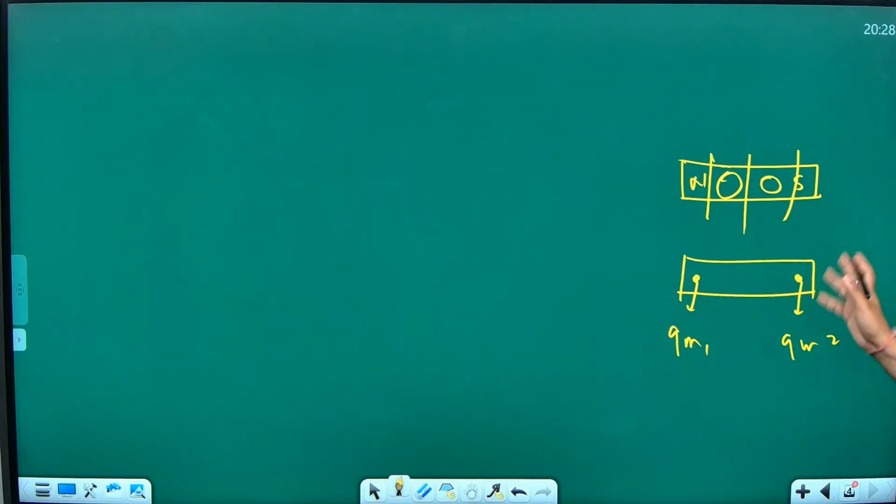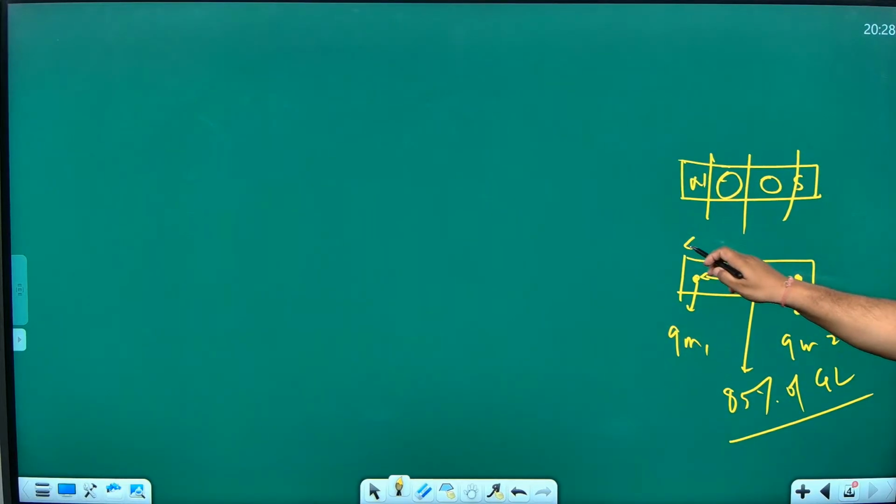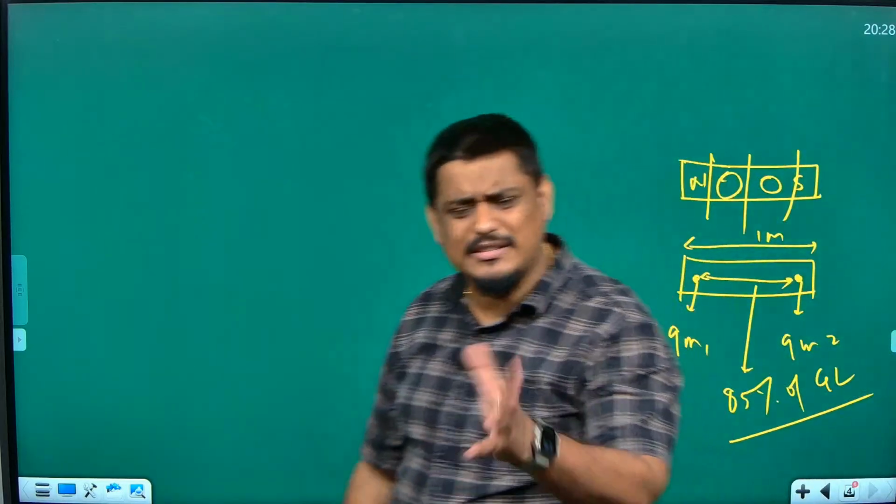For a bar magnet it has equal and opposite poles, and this length is called the magnetic length. So, magnetic length is the exact distance between two poles, which is approximately 85% of the geometrical length. Suppose the geometrical length is 1 meter, then this is going to be 85 centimeters. Approximately, I am not saying exactly.